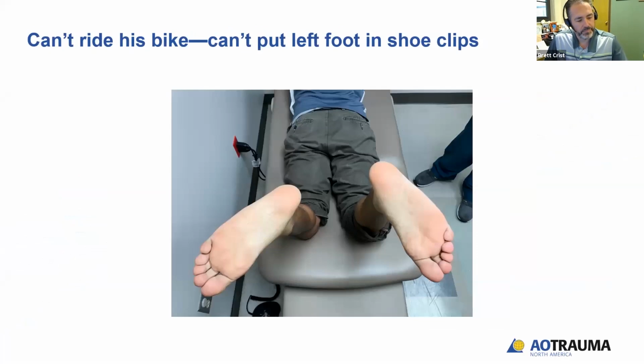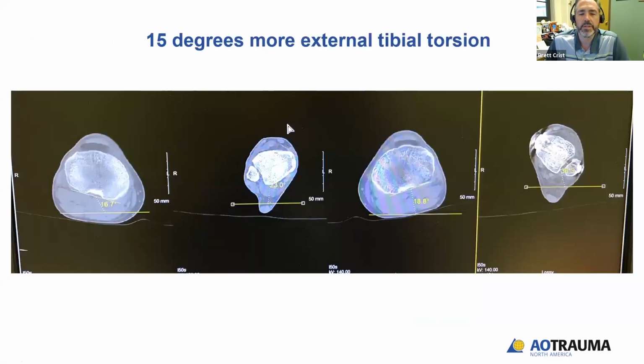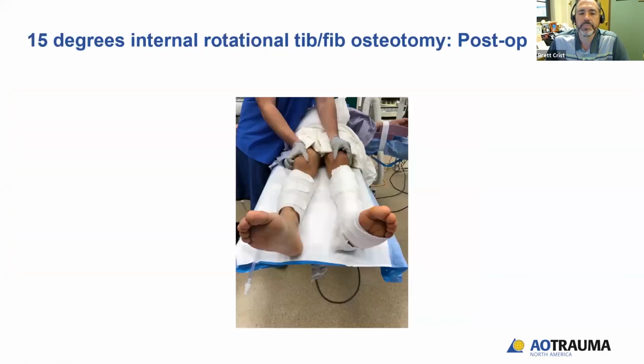He couldn't put his left shoe into his bike clip, so he kept having problems riding his bike. On physical exam, he had this deformity in the prone position, and you can see that on the left side, he has external tibial torsion of about 15 degrees more than the right.